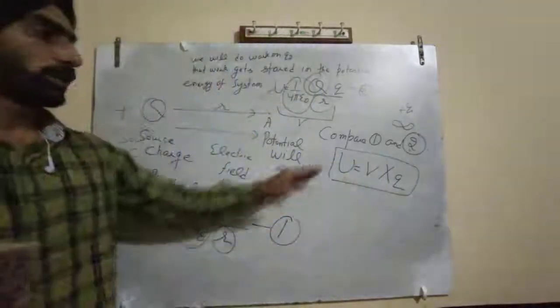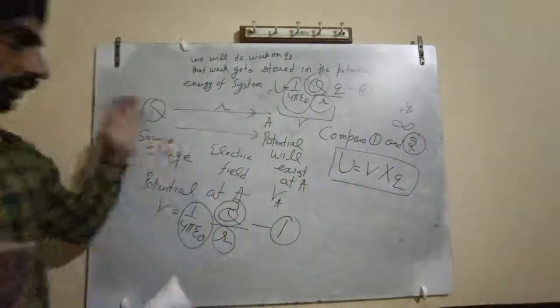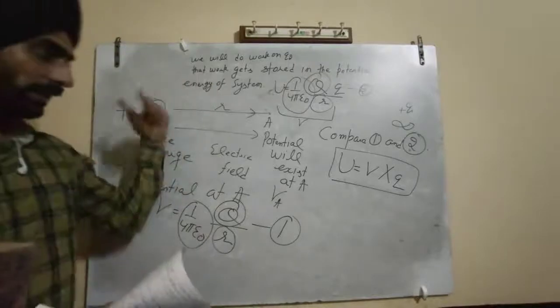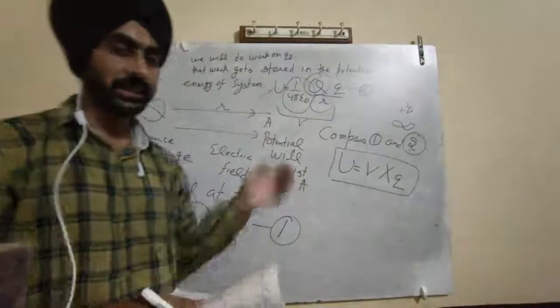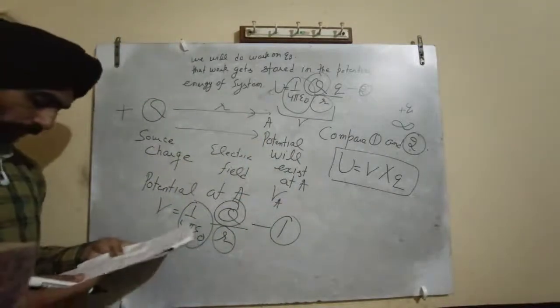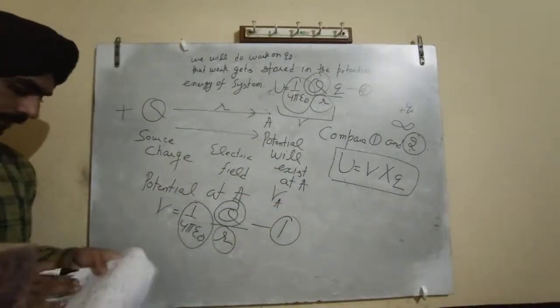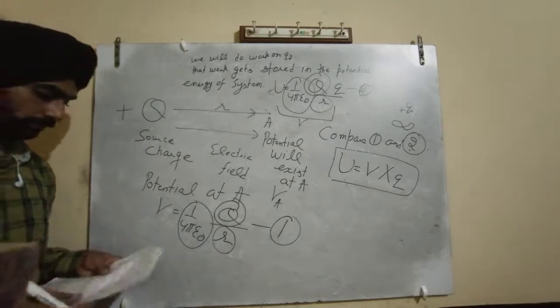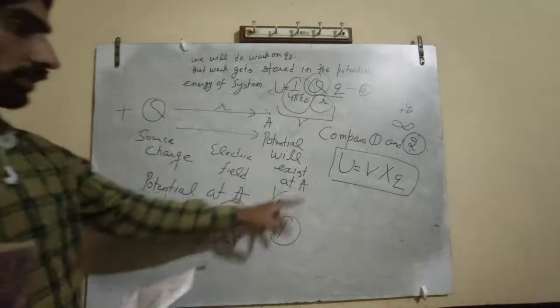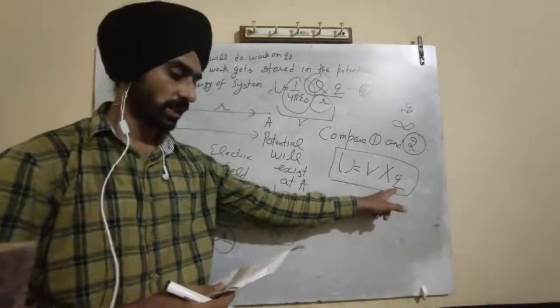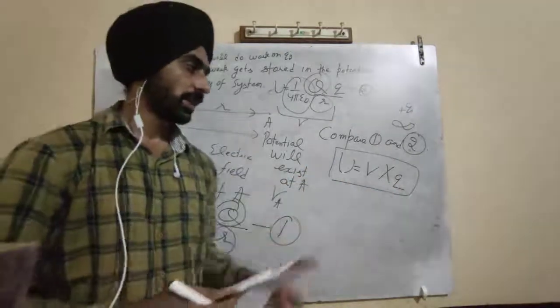So this is the potential energy that gets stored in a system when a charge is brought against the electric field. So what is this? This is the potential energy of a charge. This is the potential energy of this charge that is placed in an external field.